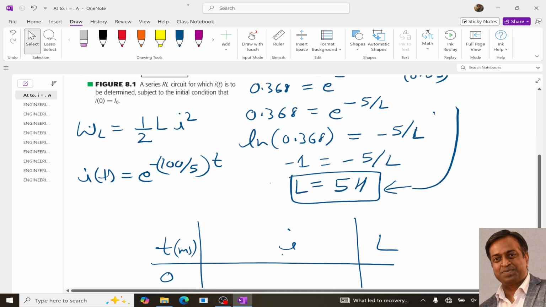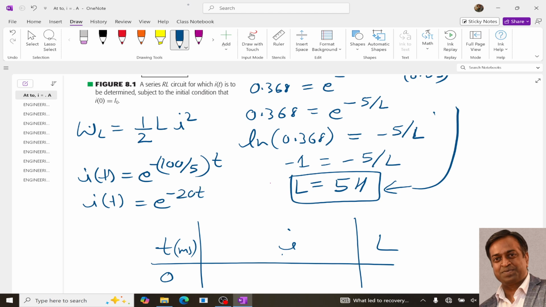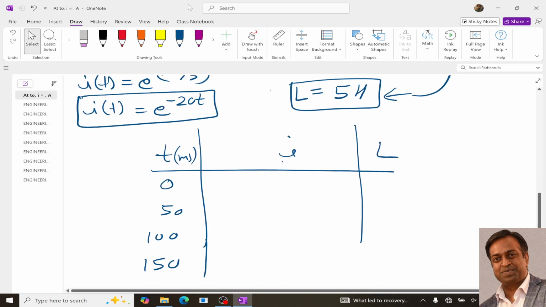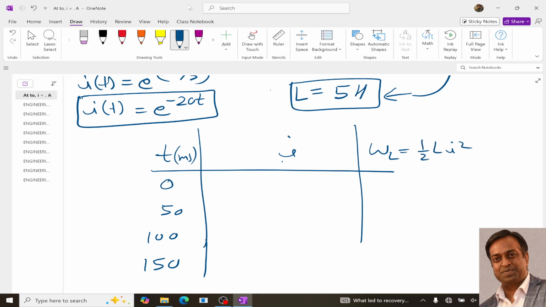It means that i(t) equals e to the power minus 20t. So this is the current flowing through the inductor. And this is the formula to determine the energy: not L, it is w_L, half L i square. Now for t equals 0, we can simply determine the current by substituting t equals 0 in this.